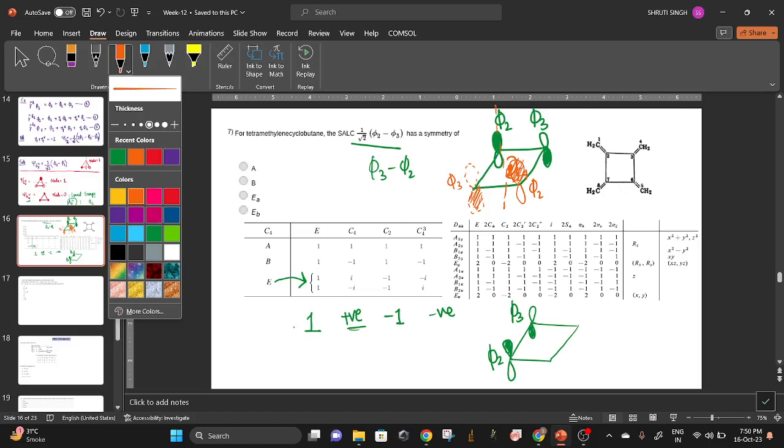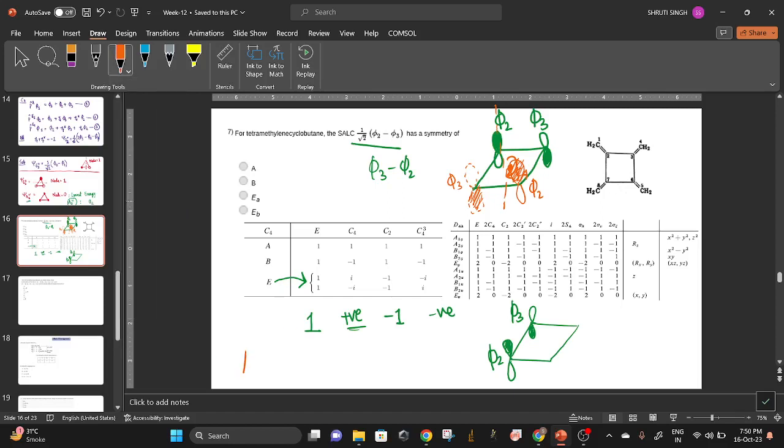Okay, so we can say that it is of symmetry EA, the first one. If this is EA, this is EB, then we can say that phi 2 minus phi 3 is of symmetry EA. So that's how we can answer this. Or the other method is by using the projection operators, but that will be a lengthier method. So like this we can guess the symmetry of this easily.